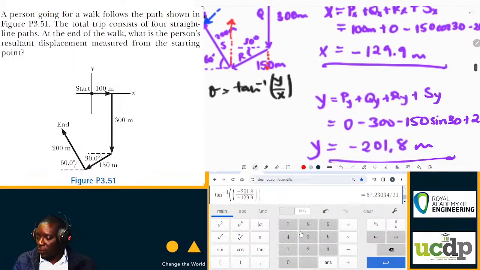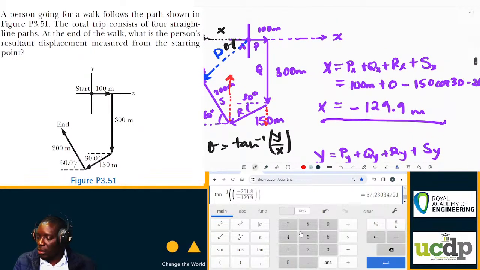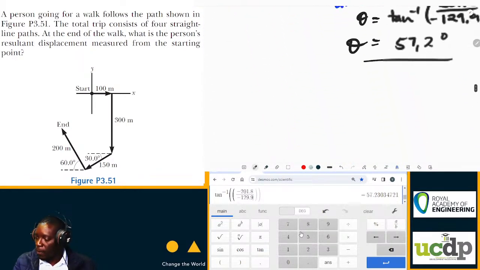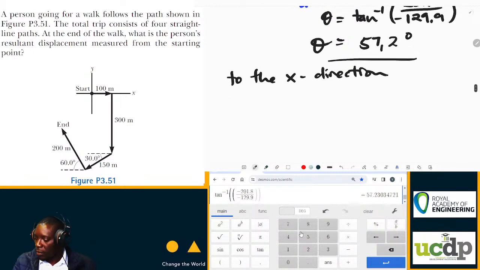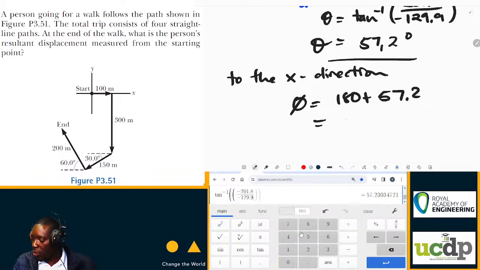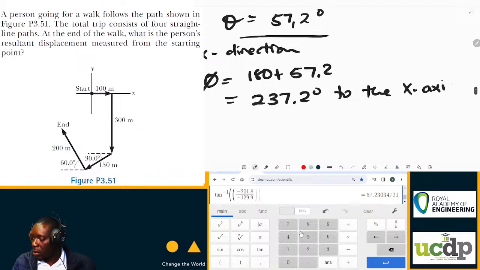So if that angle is 57.2 degrees, it is that angle there. If we give it in terms of the x direction, that's 180 plus 57.2, which is 237.2 to the x direction, because already we're given the x direction on the diagram.